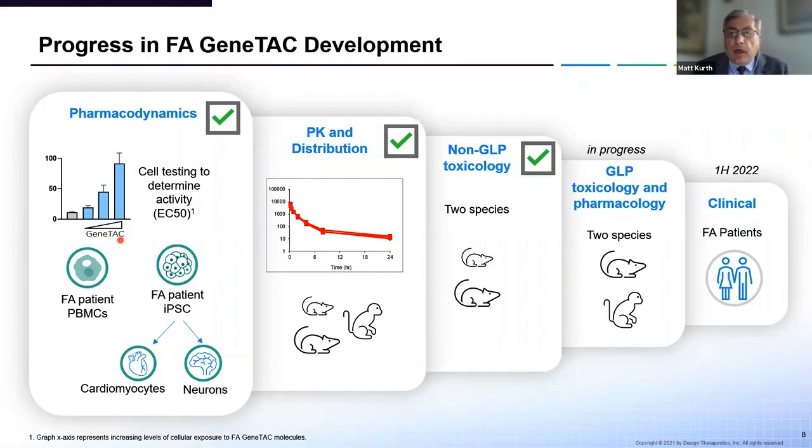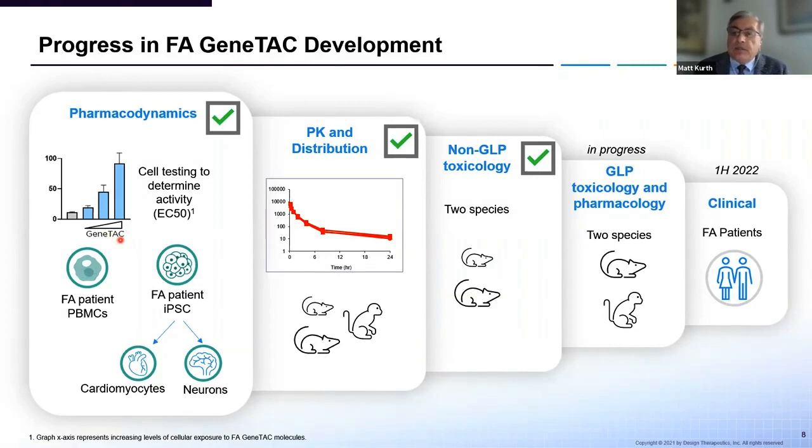We've completed some non-GLP toxicology studies in 2 species, that is mice and rats, to show that the molecule is well tolerated with multiple doses. In progress are FDA-specified GLP toxicology and pharmacological studies, which have been completed to a large degree in both the rat and non-human primates.